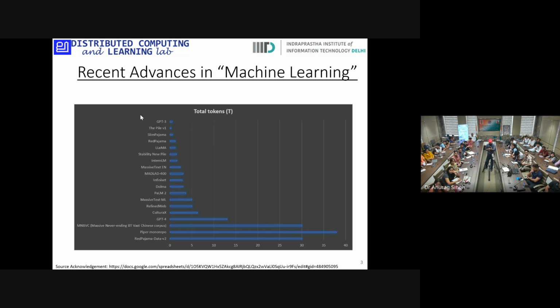This is the number of tokens that have gone into training these models, right? So these are different models. For example, this model, you can see that it has been trained over almost 40 trillion tokens. This is the number of tokens in trillions. So a massive amount of data is being used to train these models.